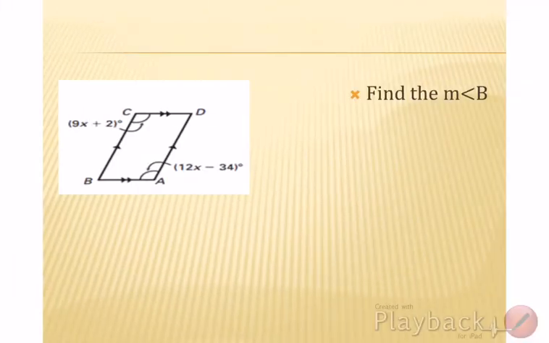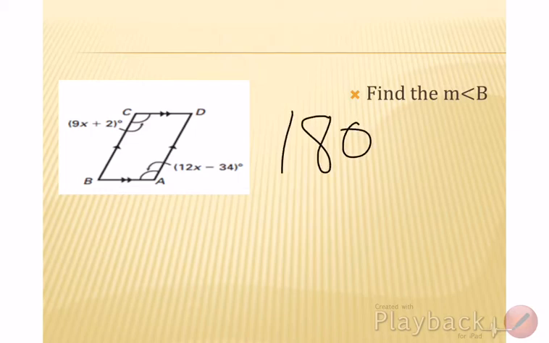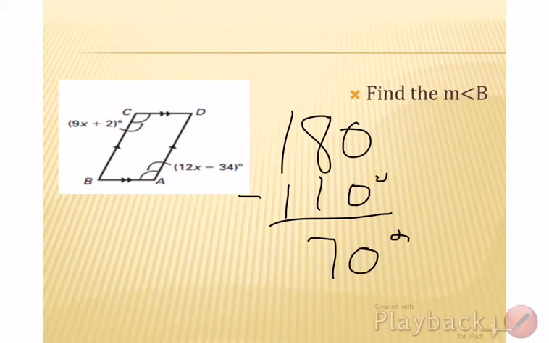Now, what is the measure of angle B? If we know that A is 110 and consecutive angles are supplementary, 180 minus 110 quickly gets you to 70 degrees.